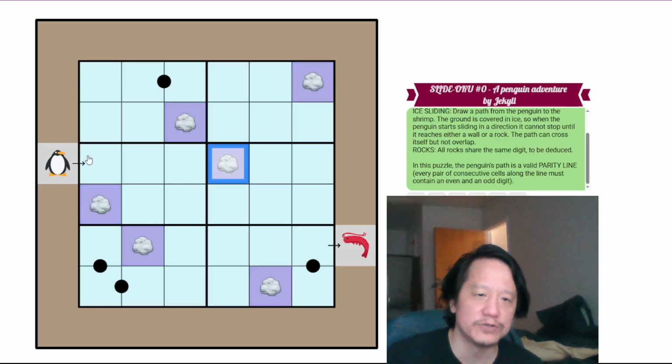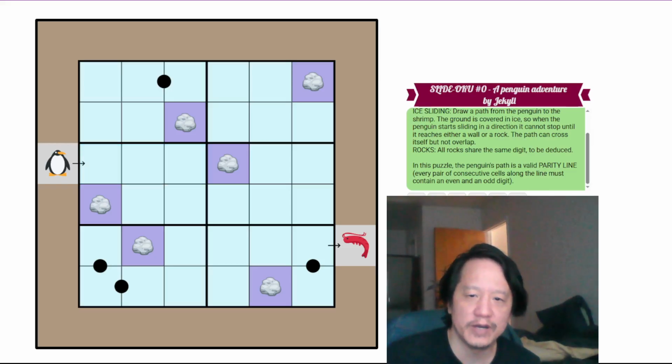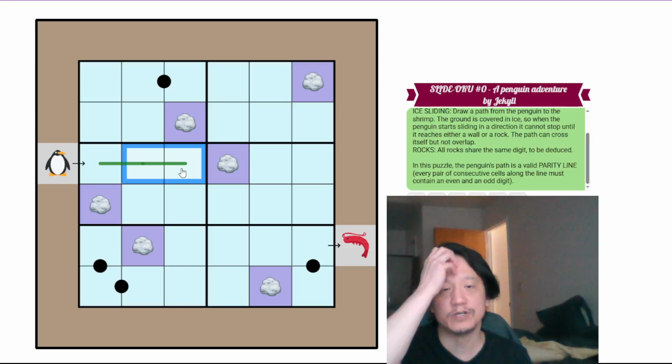And in this puzzle, the penguin's path is a valid parity line, which means every pair of consecutive cells along the line must contain an even and an odd digit. Say the path went something like this. Then out of these two digits, one is odd and one is even. And out of these two digits, one is odd and one is even.